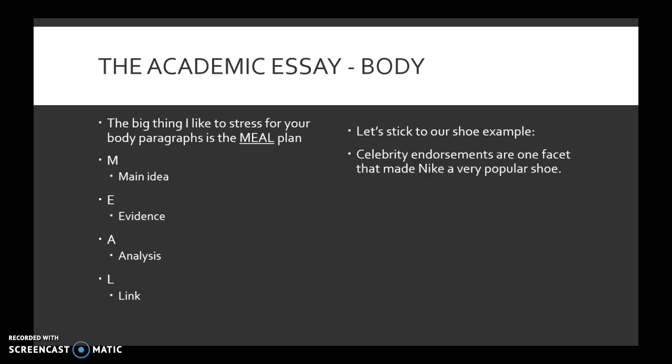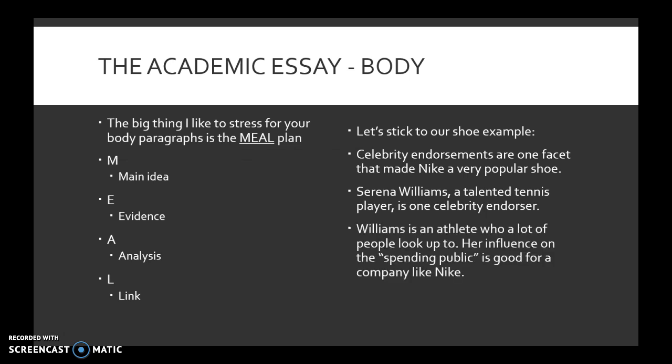Celebrity endorsements are one facet that made Nike a very popular shoe. Serena Williams, a talented tennis player, is one celebrity endorser. Williams is an athlete who a lot of people look up to. Her influence on the spending public is good for a company like Nike. Her ad features her and the famous Nike check logo.